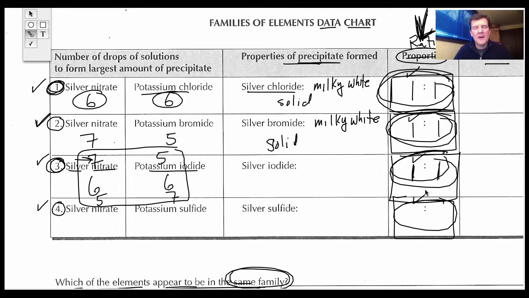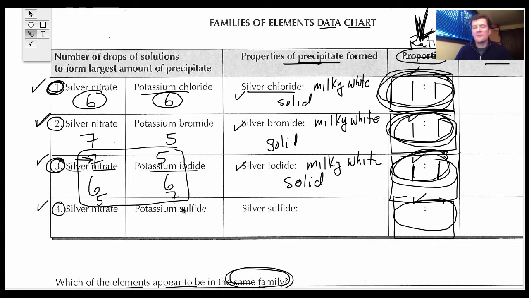About equal amounts of both gave you that nice milky white solid. So you should have noticed that these first 3 combinations all gave you a milky white solid, and all of them combined to give you the most precipitate in about a 1-to-1 ratio.